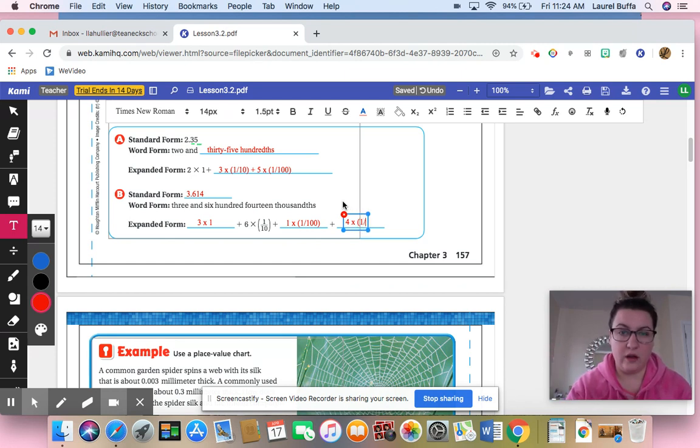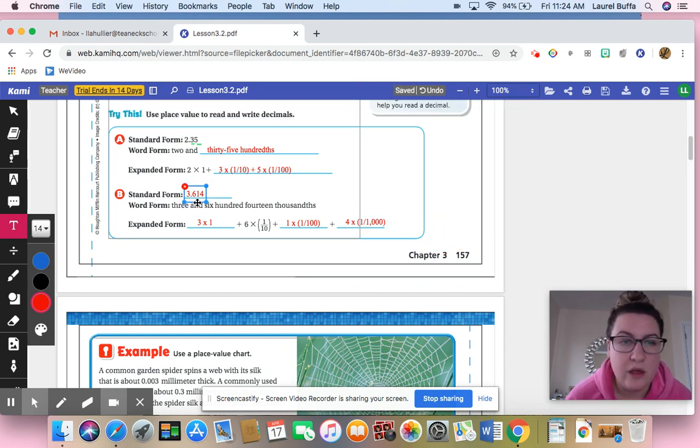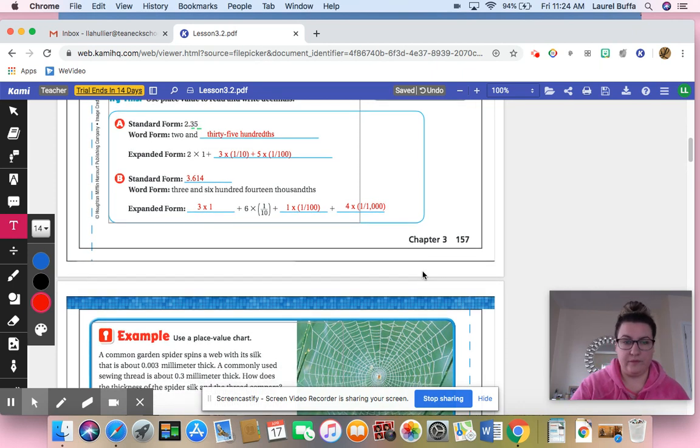So 4 times 1/1000. And that is how we represent 3.614 in expanded form. Beautiful.